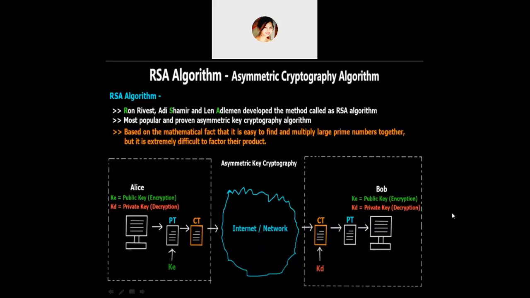Because of these reasons, symmetric cryptography is preferred over asymmetric cryptography. Why? Because symmetric cryptography is preferred in terms of processing speed, computational effort, and the size of the transmitted messages between the two parties.